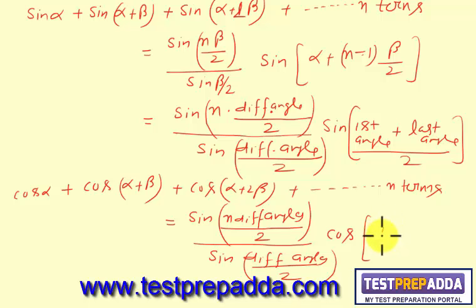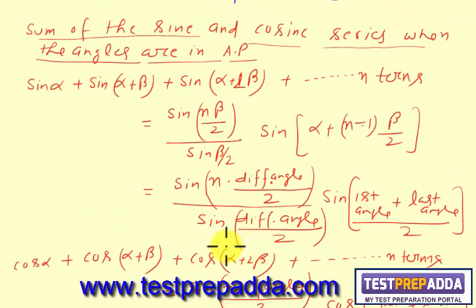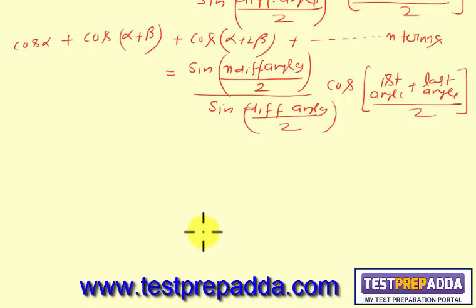Same manner, first angle plus last angle divided by 2. Okay, the basic condition is the angles should be in AP. Then the sum of the sine or cosine series will be written in this manner. Got it?